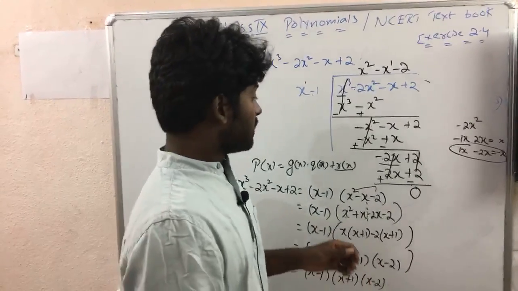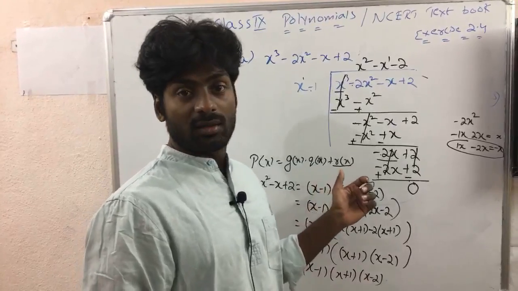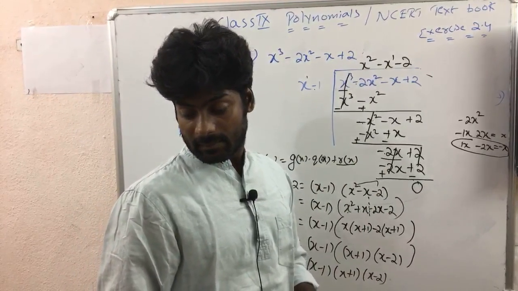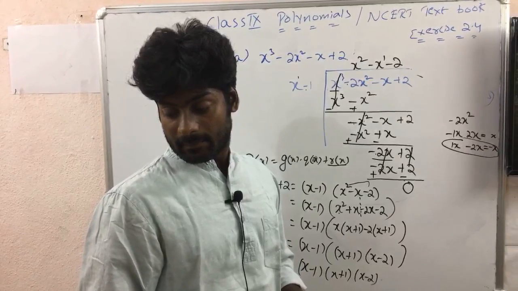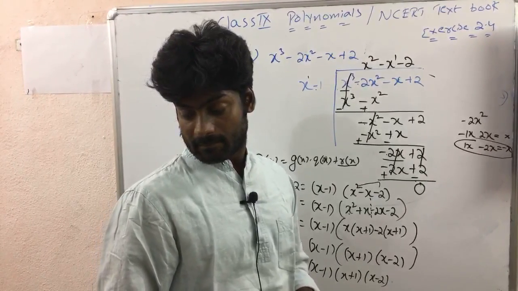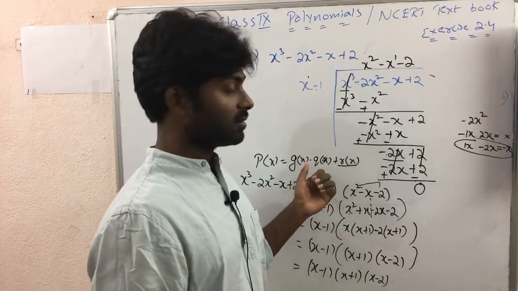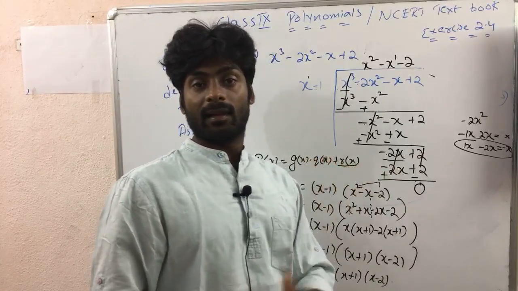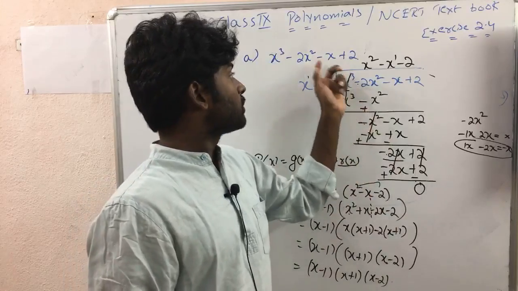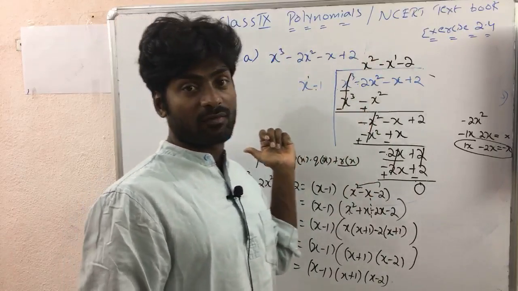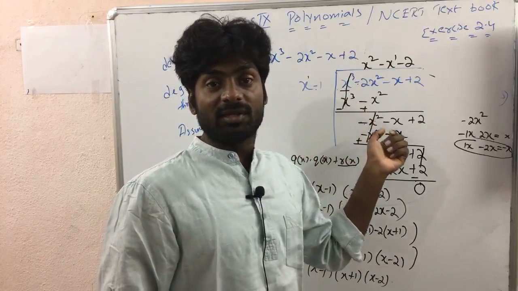Do you have any doubt here? When the cubic polynomial is given and you are asked to factorize, first of all we have to get one factor using the trial and error method, that means you will get 0.